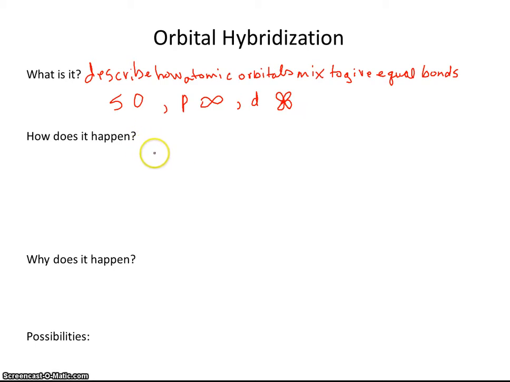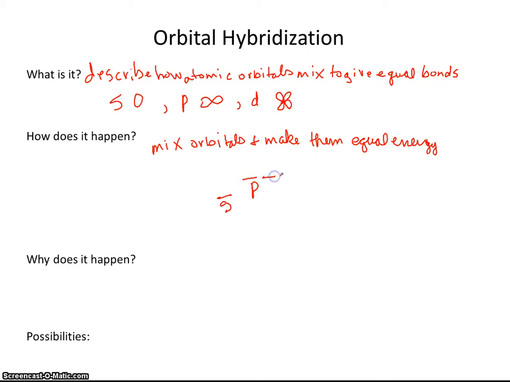So how does it happen? We mix orbitals and make them equal energy. So for example, if I take an s orbital here, a p up here, and decide to hybridize these two, then I no longer have an s and a p.